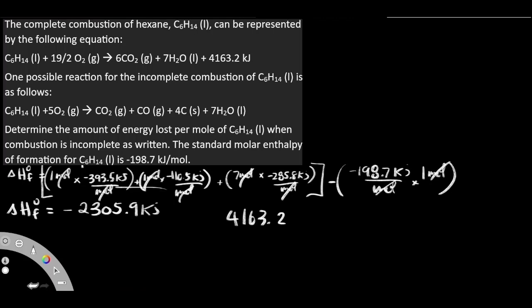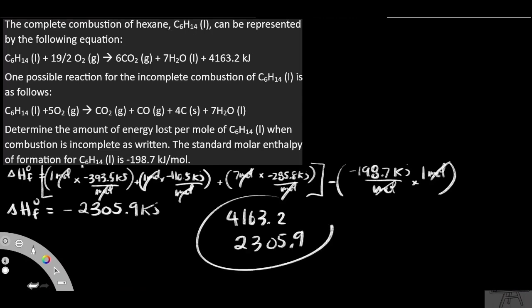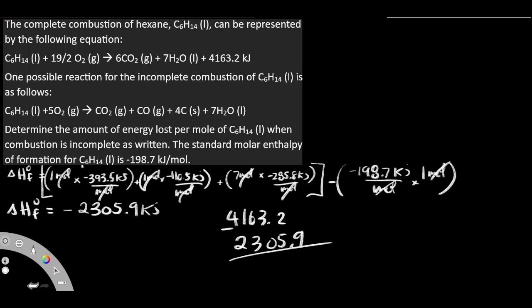However, because we ended up doing it incomplete, we wasted a lot of energy. It wasn't done the most efficient way possible. So all we need to do is get our same number over there and then find the difference between the two, and then you should get your answer. I end up getting 1,857.3. This is the amount of kilojoules lost.